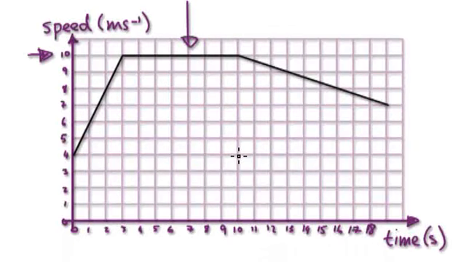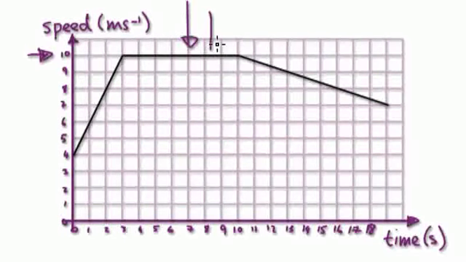If you have your speed time graph like this, you're still traveling over time. Let's say this is 7 seconds. The area underneath the graph represents the distance traveled. So even though it's a flat line, you're still covering ground.